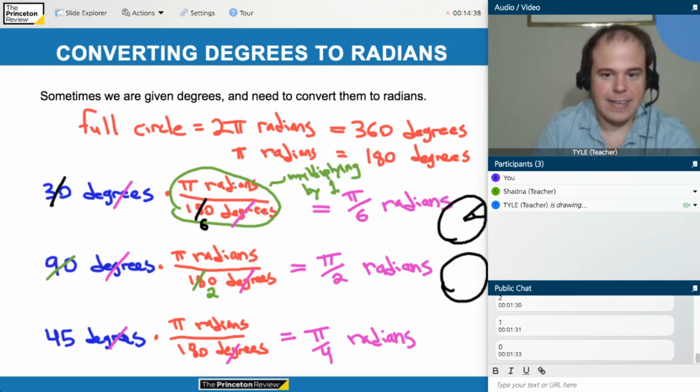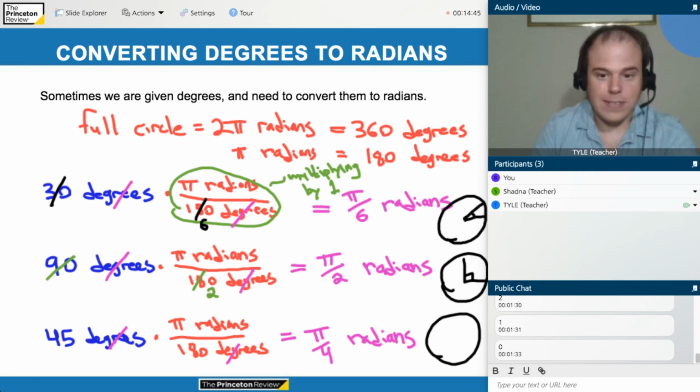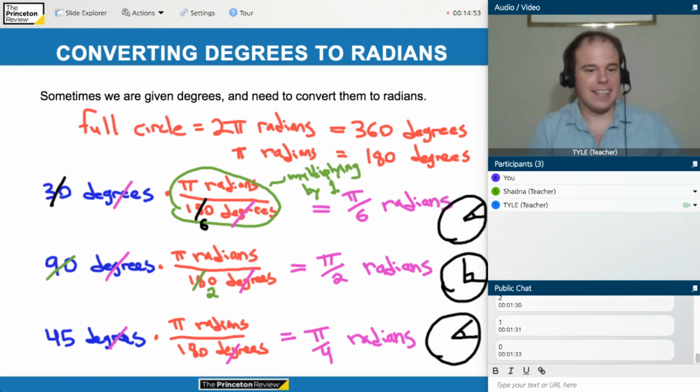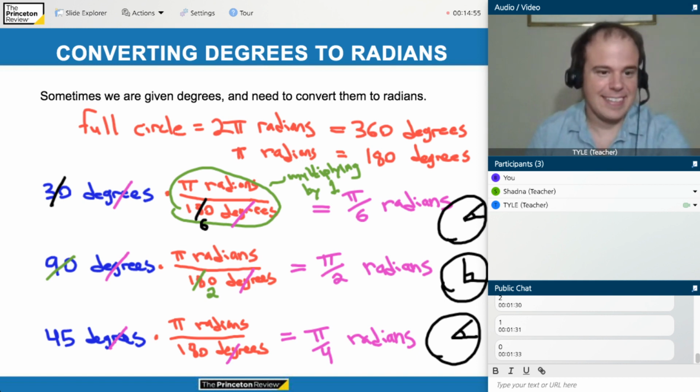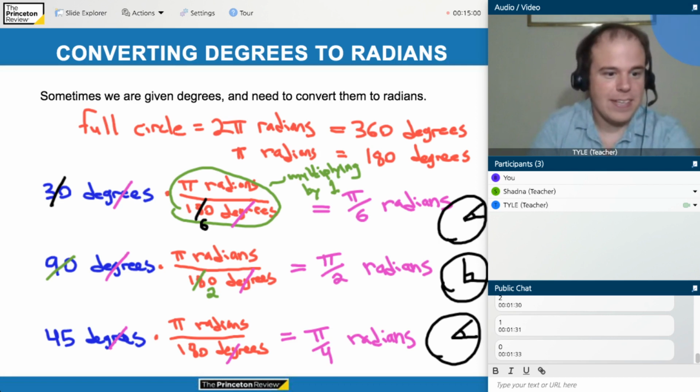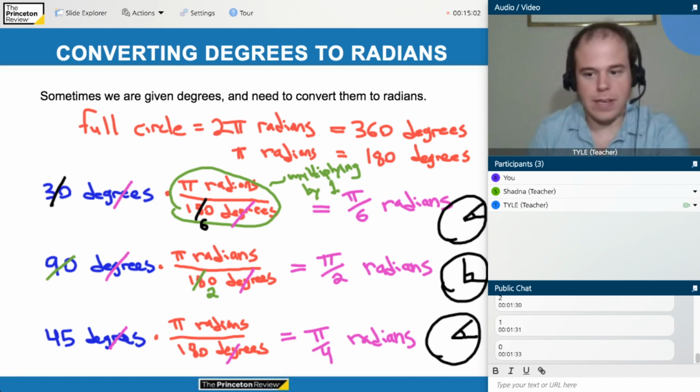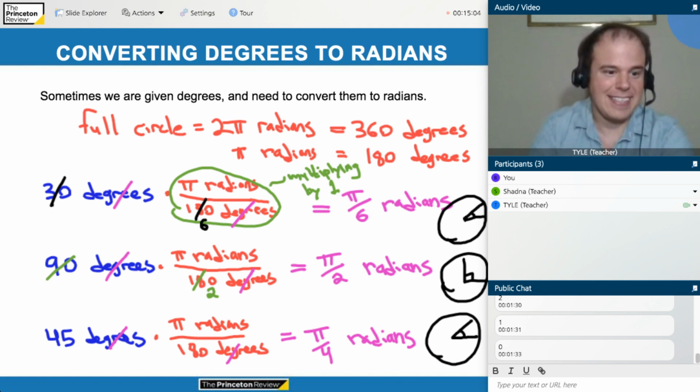Next, for 90 degrees, here's a picture of a 90-degree angle, or pi over 2 radians angle. And finally, a 45-degree or pi over 4 angle is half of a right angle. Okay? All right. Let me know in the chat if you have any questions, but this is how we convert from degrees to radians.